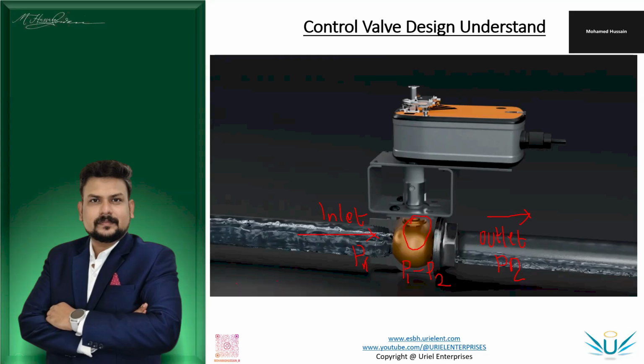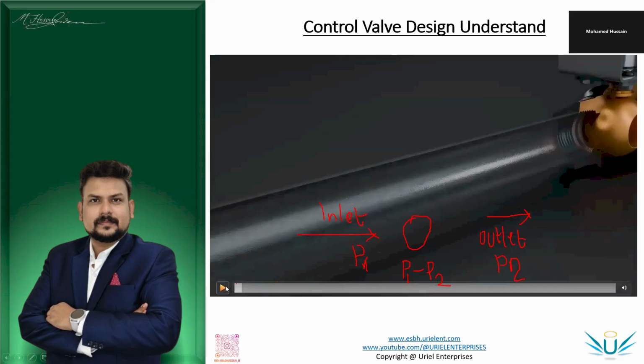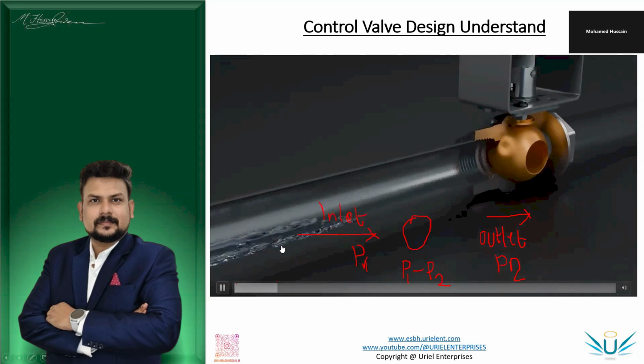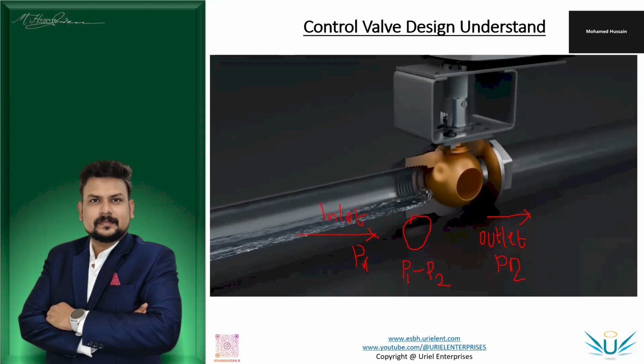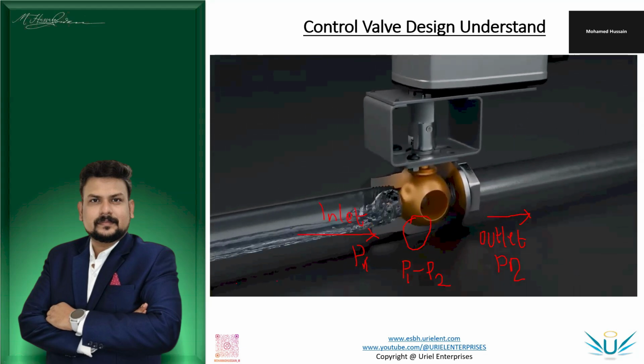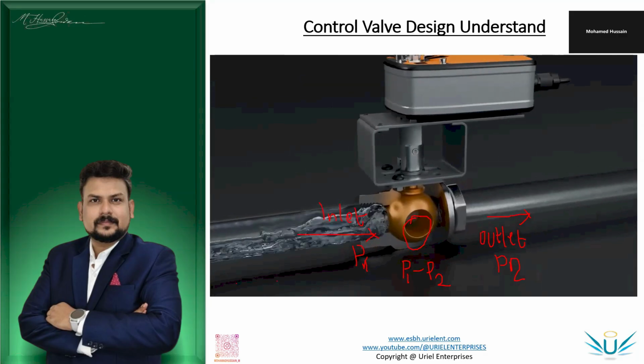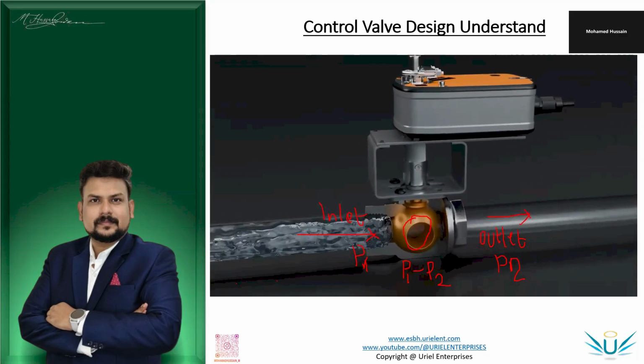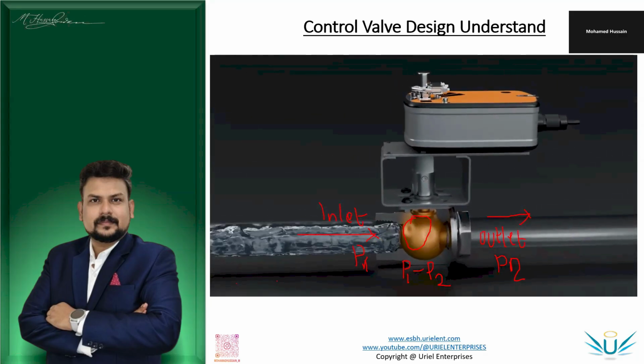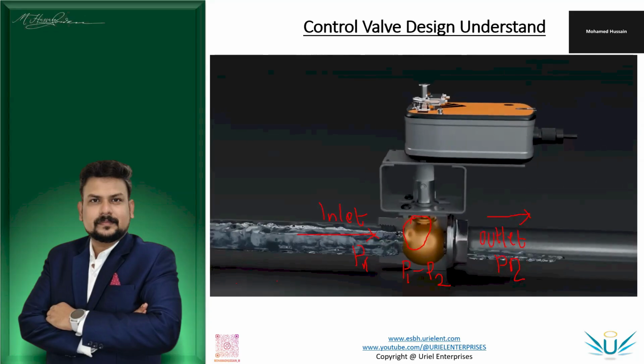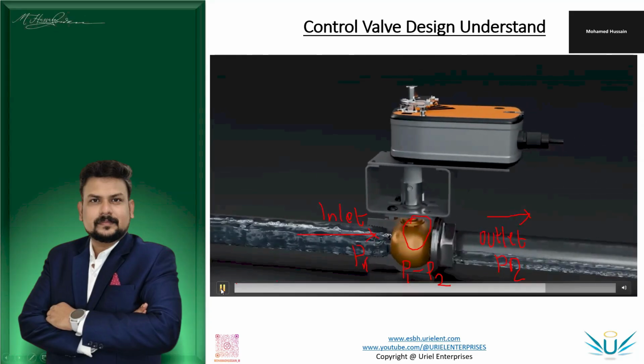Any kind of words you can use. So remember this simulation in your mind. It will help you to recollect that inlet pressure minus outlet pressure is known as the differential pressure at the valve. So this operation happens with the help of the actuator.